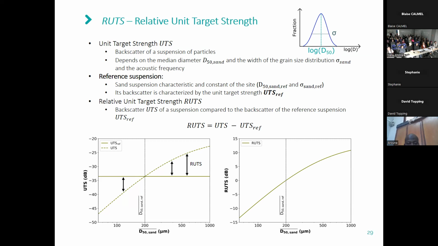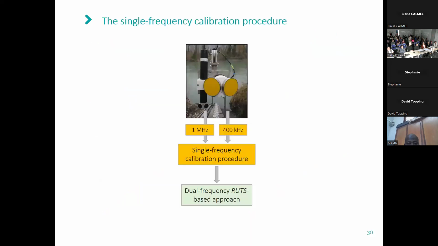And this ROOTS is the backscatter of a suspension compared to the backscatter of our reference suspension. And the method of Topping and Wright uses this ROOTS relation depending on grain size. This principle is used throughout the entire method.